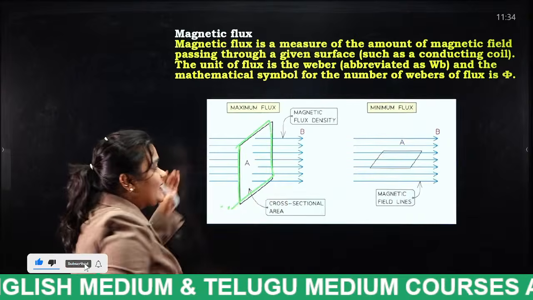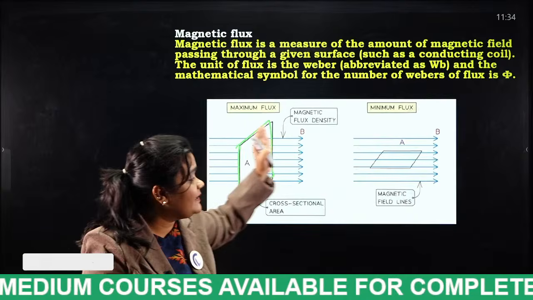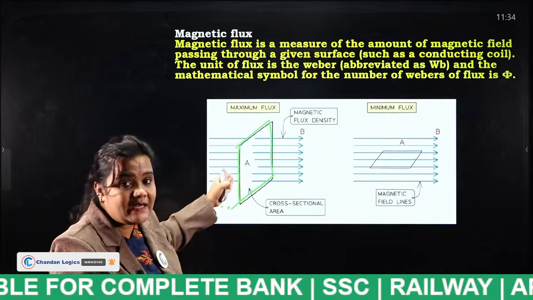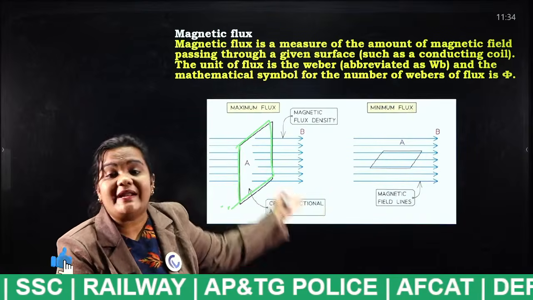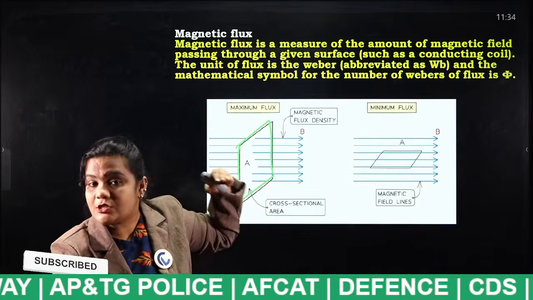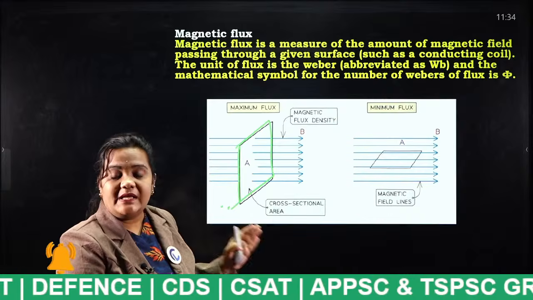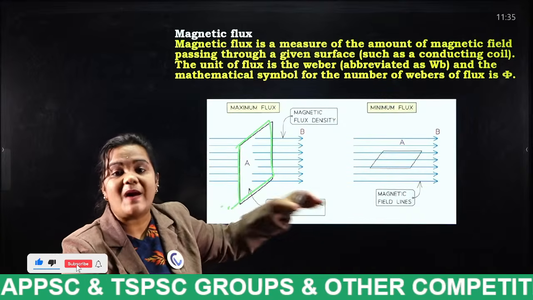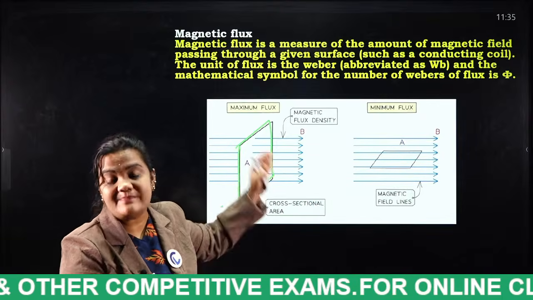Comparing this diagram and that diagram, the magnetic lines are passing more in this diagram and less in that diagram. If more magnetic lines pass through a cross section, it has the maximum flux.